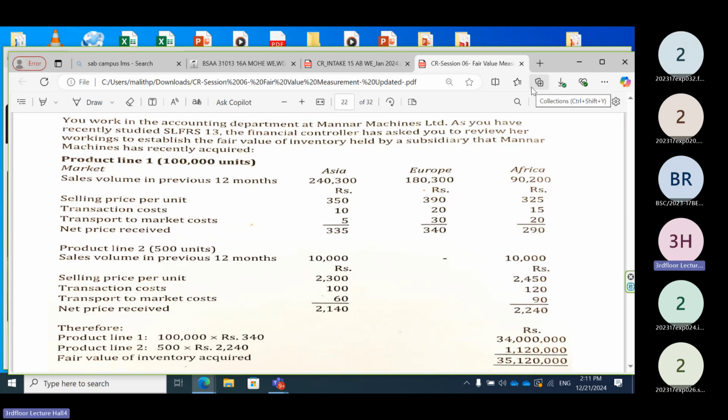So then, sales volume in previous 12 months. What do you mean by that? Activities. What is the principal market? Obviously, Asia is the principal market, not Europe, not Africa, because of the highest sales volume.